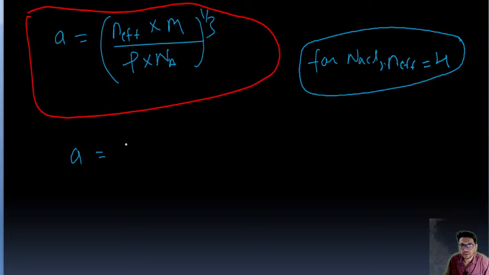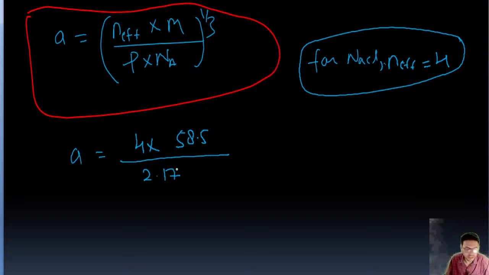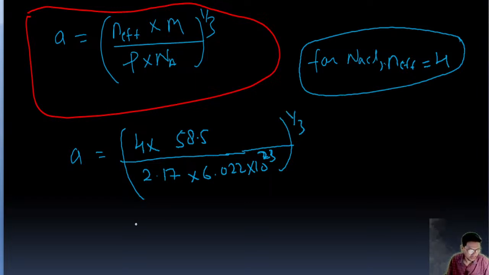So this is going to be 4 into molecular mass, which is given, 58.5, upon rho, which is given as 2.17, into Avogadro number, which we know is 6.022 into 10 to the power 23, to the power 1 by 3.